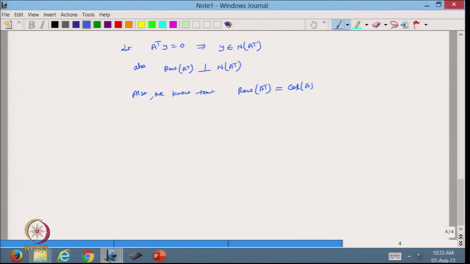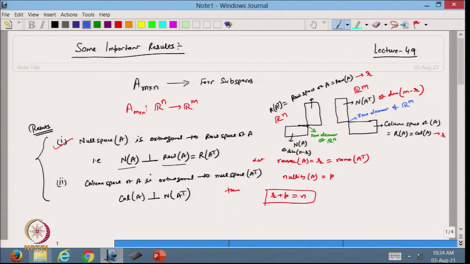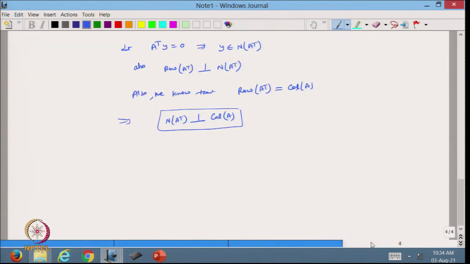So, the null space of A transpose is orthogonal to the column space of A. So, they are also orthogonal to each other, and the point of common intersection is only the 0 element. So, this is the result we want to show.